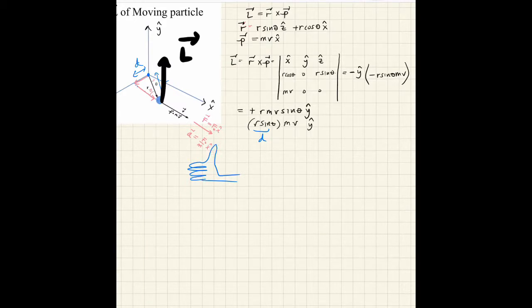Your hand is going to be able to fold. In this configuration, it could only fold these fingers by moving them out of the page, or out of the board. If you take your right hand, you'll see what I mean. Those can only fold towards you if you put your thumb up and hold your fingers in that position. So what we do is we align our pinky along the first vector. That's our r vector.